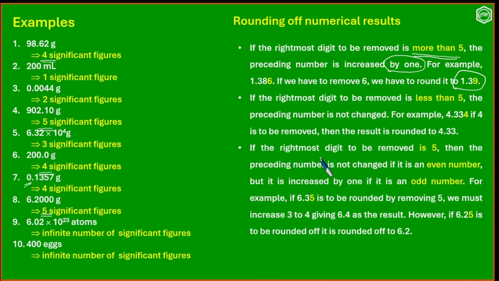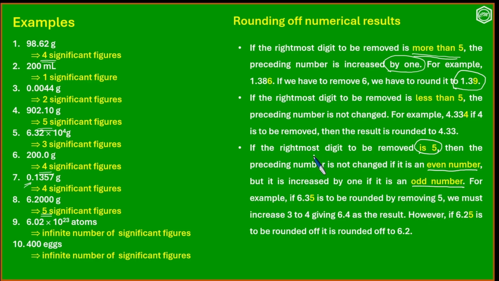Now, if the rightmost digit to be removed is 5, then the preceding number is not changed if it is an even number. But it is increased by 1 if it is an odd number.